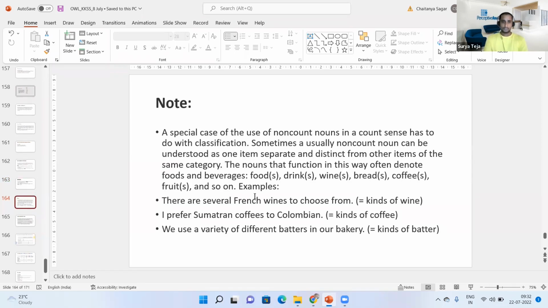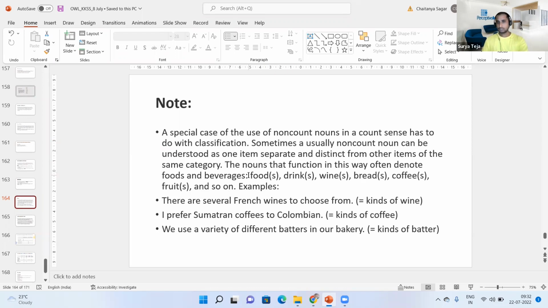We'll also see some other examples here. Basically, non-count nouns can be used in a count sense, and count nouns can be used in a non-count sense, depending upon whether they can separate or distinguish the items from each other. Anything which can be distinguished or separated, which can be identified, is usually pluralized.